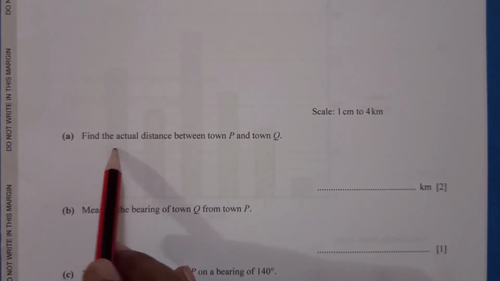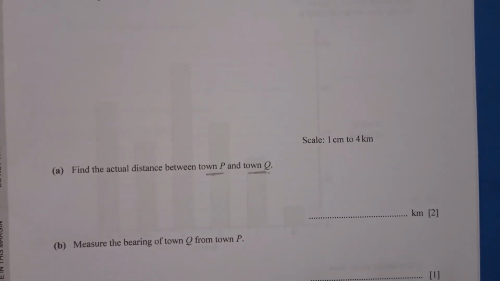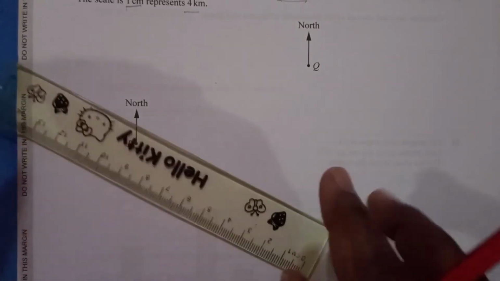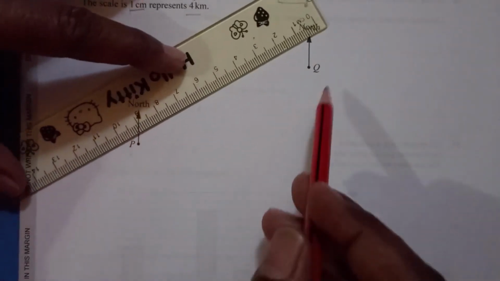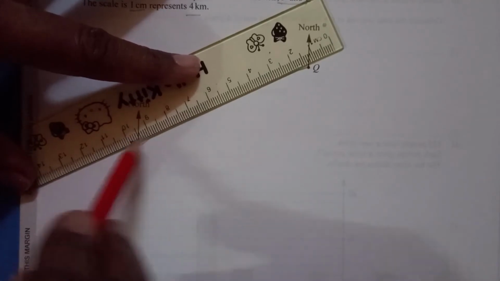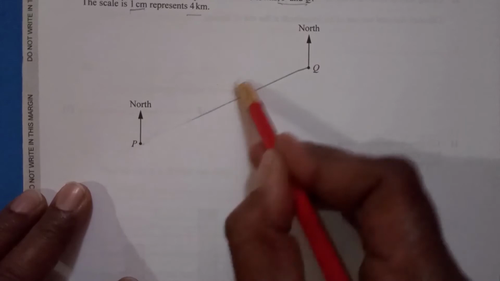So now the question is, first part, find the actual distance between town P and town Q. So scale is 1 centimeter to 4 kilometers. So first of all we need to draw a line to find out the length of this one. So we can draw a line here from P to Q. Sorry, we have to draw it again.